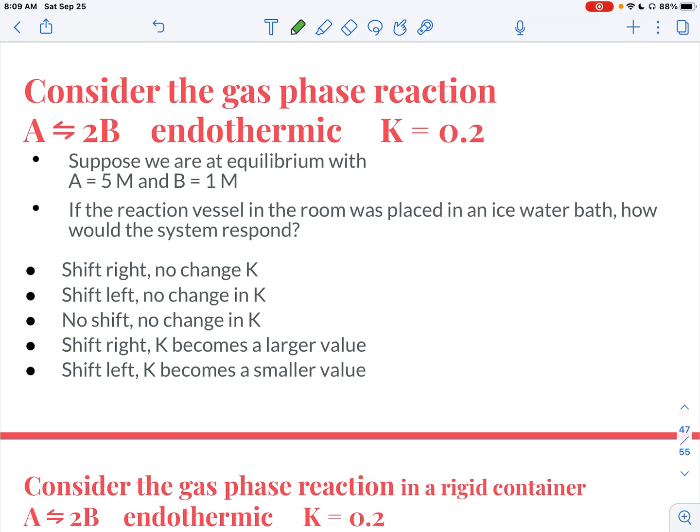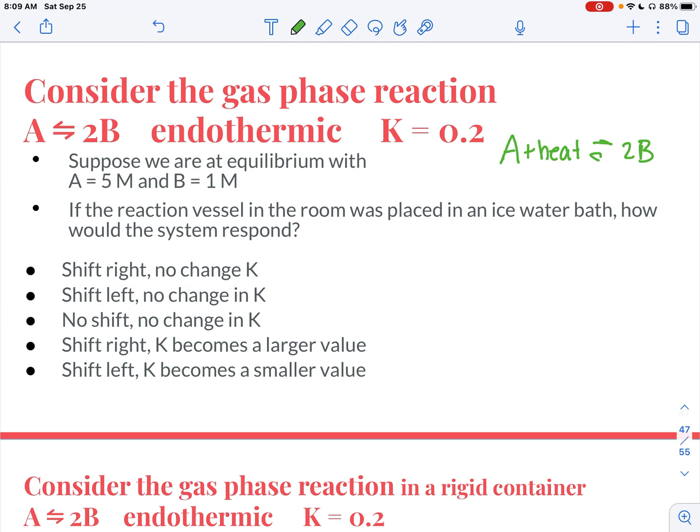What we represent that as in our reactions is we add heat to the reactant side of the reaction. So here we can rewrite this equilibrium expression as A plus heat gives us 2B.